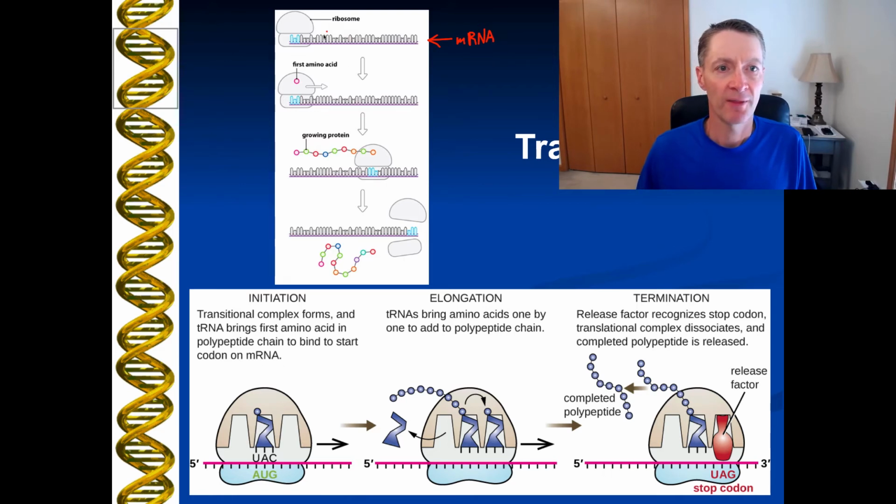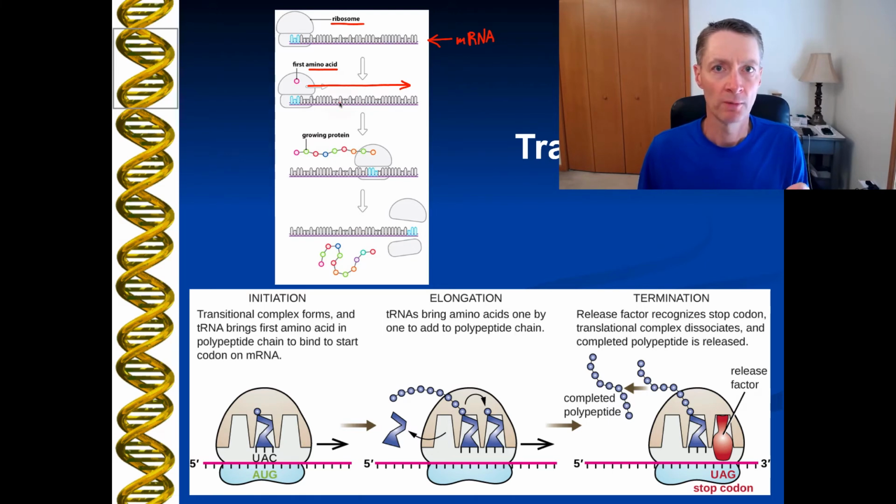We would start on the 5' end of that RNA code with a ribosome attaching, and it would ratchet across, reading every 3 of those RNA nucleotides and bringing in an amino acid for each of those 3.